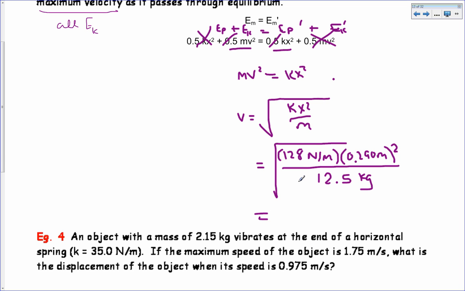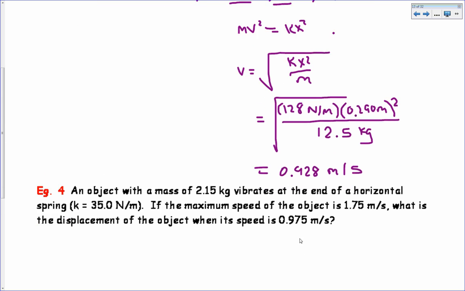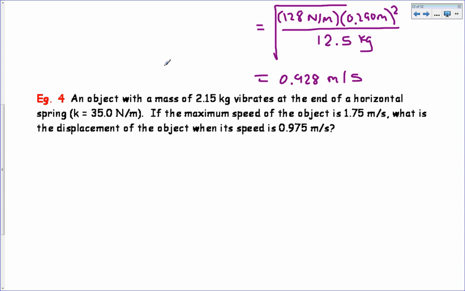Okay, and also square rooting, so you should get 0.928 meters per second. Okay, most of the questions you're going to do are going to be like that, max EP and max EK.